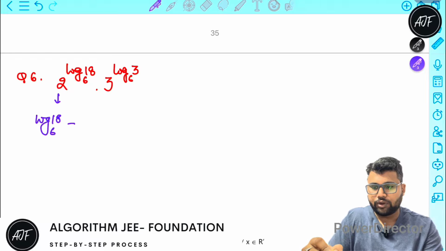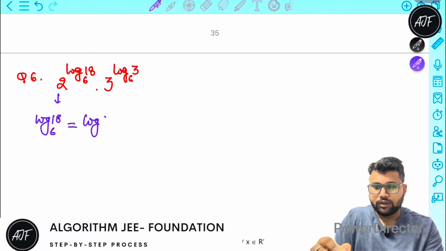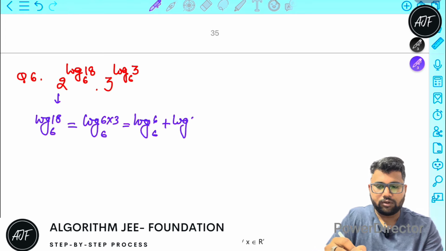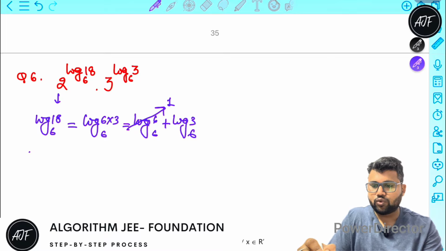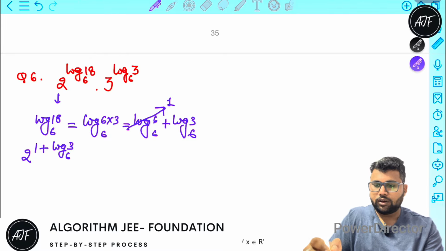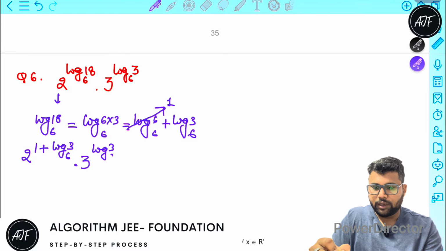Base 6. So can you write it like this, 6 into 3, right? So multiplication converts into addition: log 6 base 6 plus log 3 base 6, and this one is 1. So now 2 power 1 plus log 3 base 6. After that, 3 power log 3 base 6.